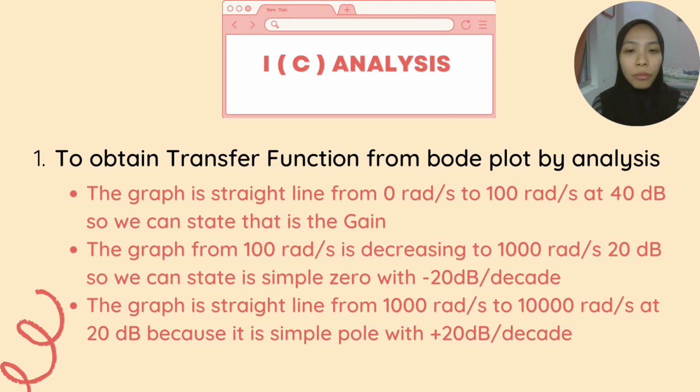Second, the graph from 100 rad per second is decreasing to 1000 rad per second, 20 dB, so we can state this is a simple pole with subtract 20 dB per decade. Then, the graph is a straight line from 1000 rad per second to 10,000 rad per second at 20 dB because it is a simple zero at 20 dB per decade.